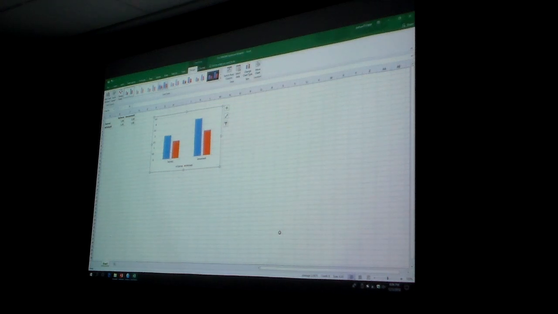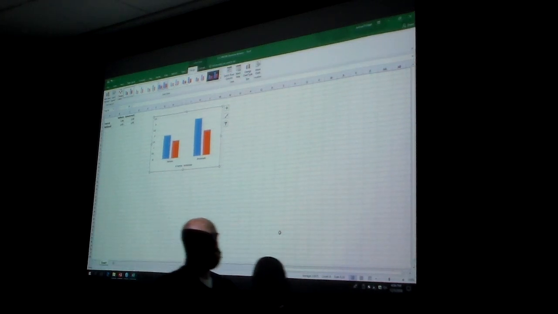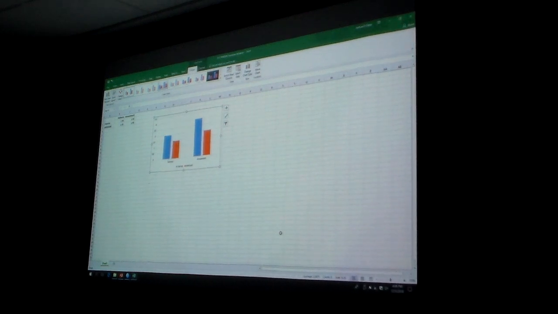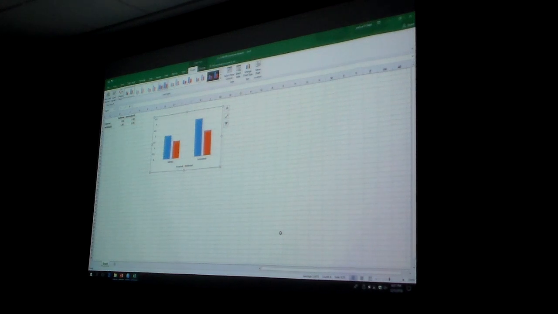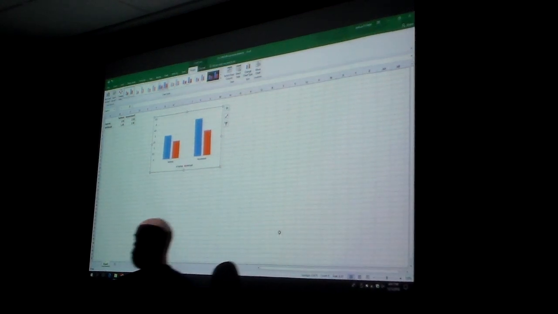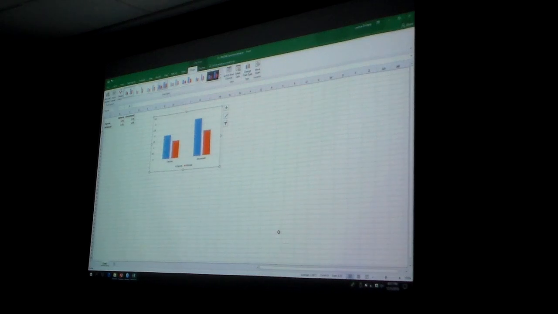Yep. So that was the mean difference, pulled from our table. 0.49. Is that what we got? No, I got 1.586. That seems big.